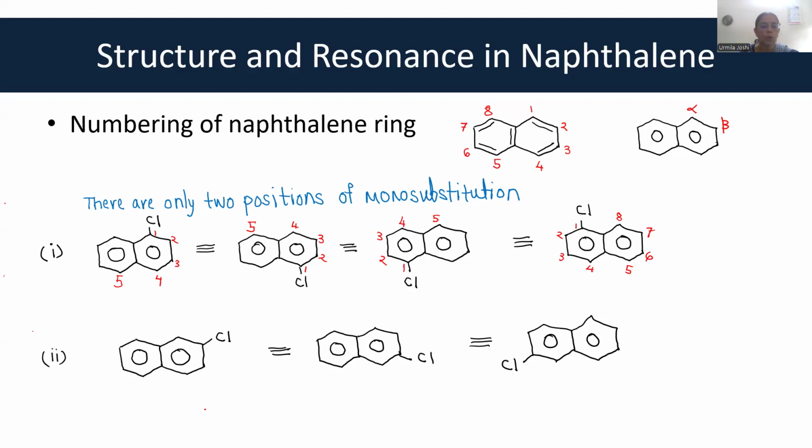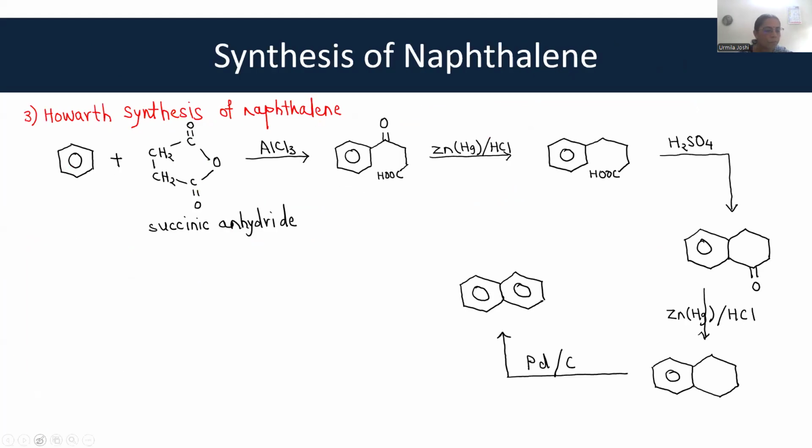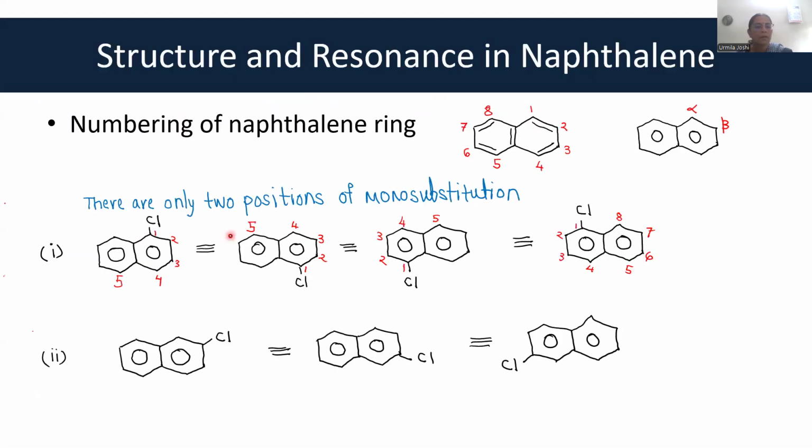Now, if there is 2-chloro-naphthalene, you just cannot start numbering from this chloro. Okay, because you have to complete numbering of one ring before you go to the other ring. And usually the junction carbons are not numbered.